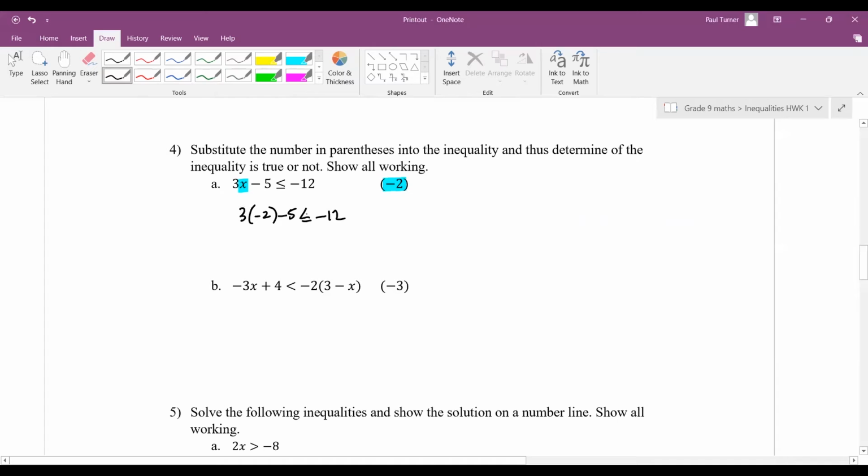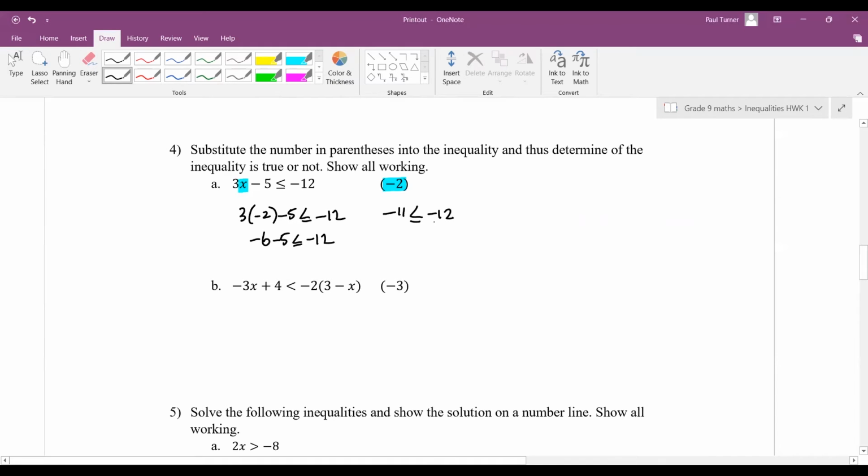Then we compare the left side and the right side to see if this is true or false. So 3 times negative 2 is negative 6, minus 5. Negative 6 minus 5 is negative 11, which is less than or equal to negative 12.